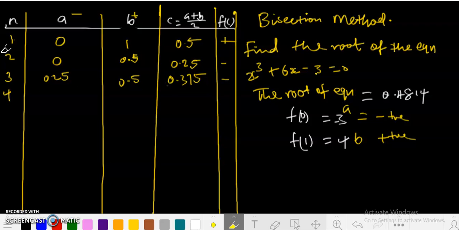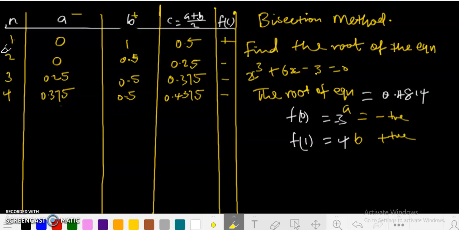Number 4, you simply plug in this value since it's negative. So 0.375, because it is negative, and we retain 0.5. Do that in your calculator, evaluate this A and B, and this will give us 0.4375, and this also is negative.